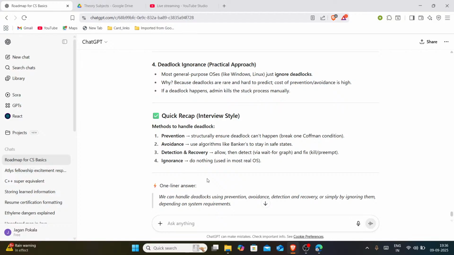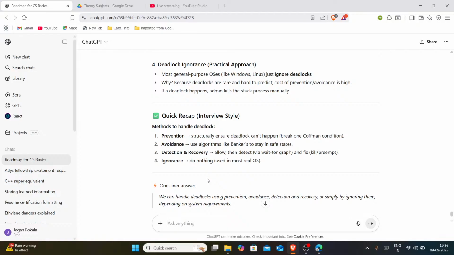Methods to handle deadlock. Prevention: we make sure that one of the 4 necessary conditions never happens. Avoidance: stay in a safe state.